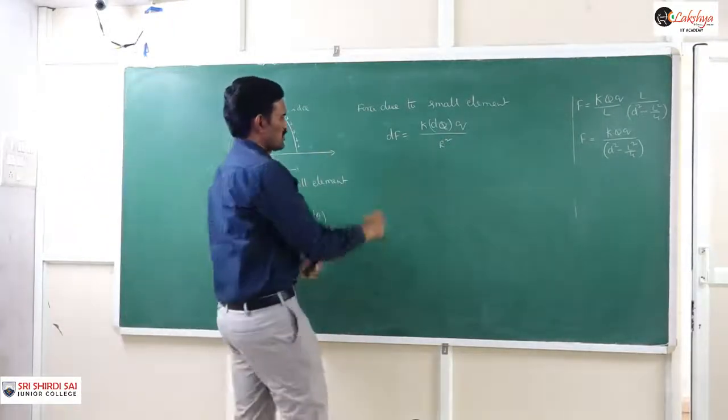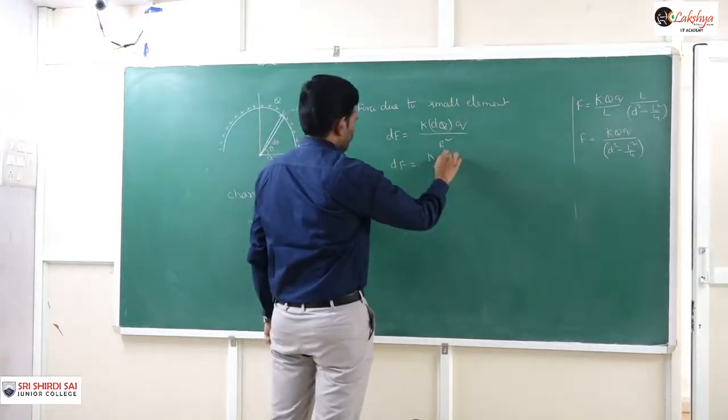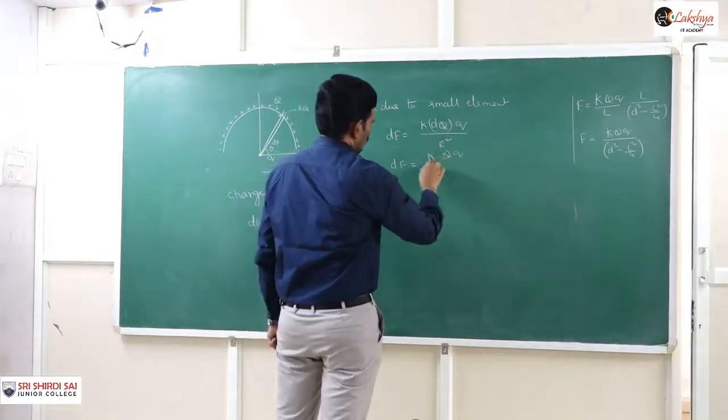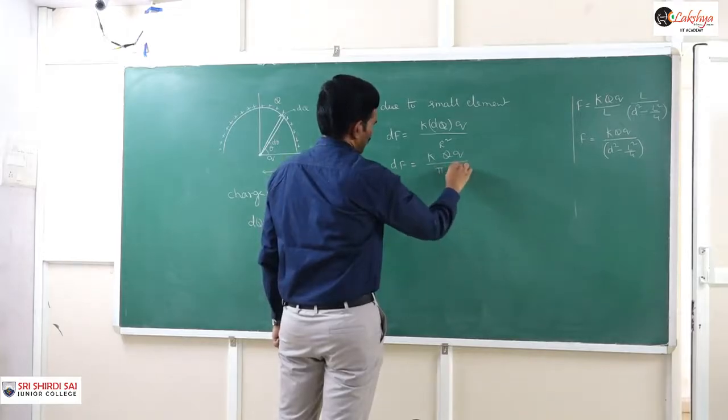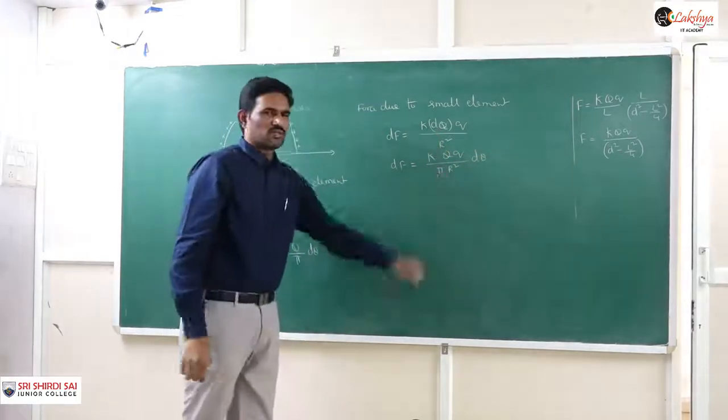Substituting the dq value here, I can write this as k Q q by pi r square into d theta.